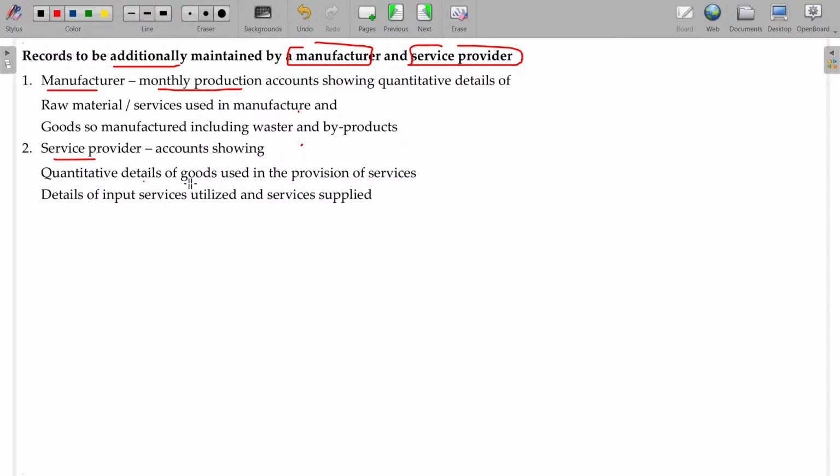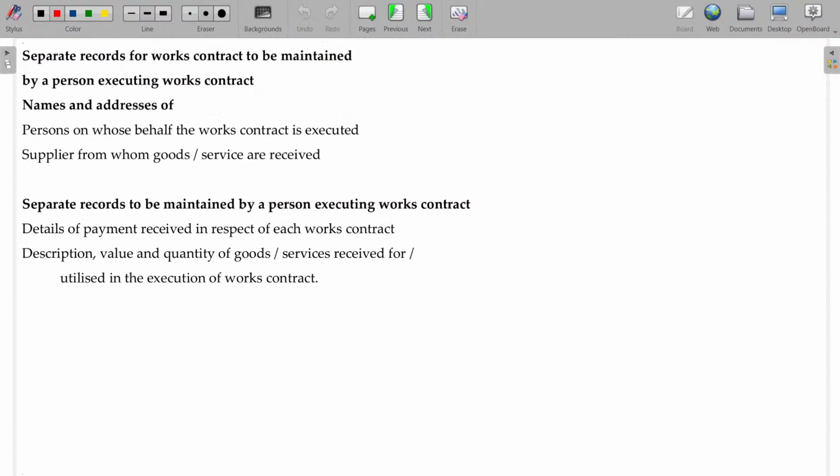But quantitative details of goods used in the provision of services and any input services utilized for the specified supply he can maintain. So here output and input both may be in terms of goods, units and values given, but in case of a service provider, goods used he can show, and in case of services used, that can also be intimated. That detail he has to maintain.